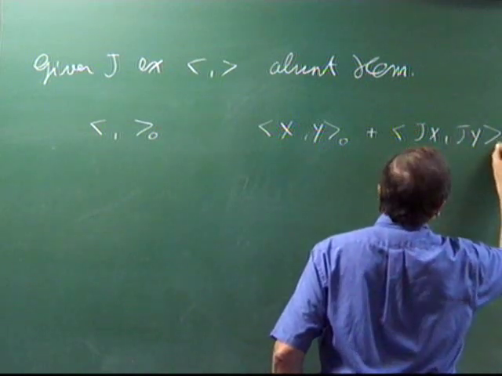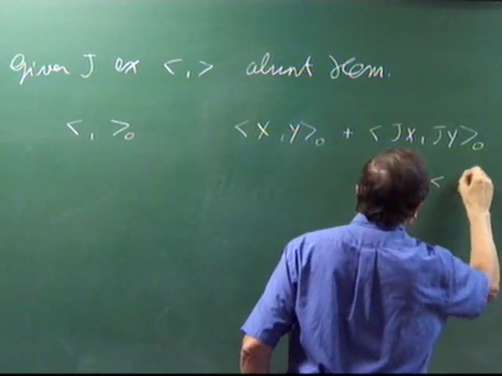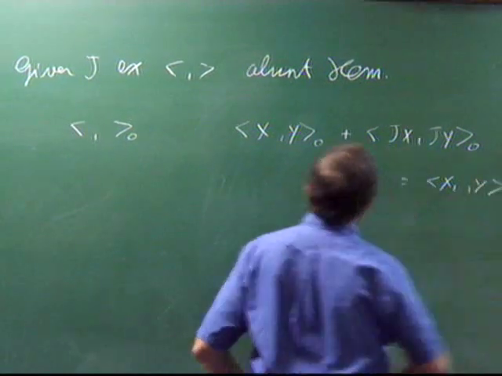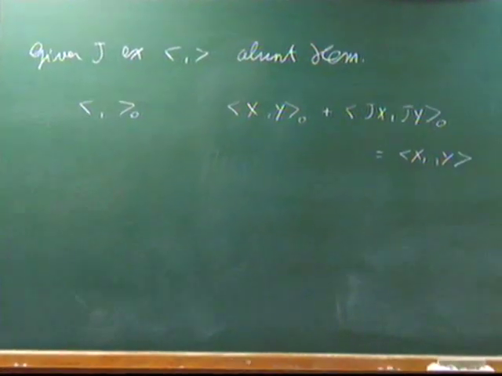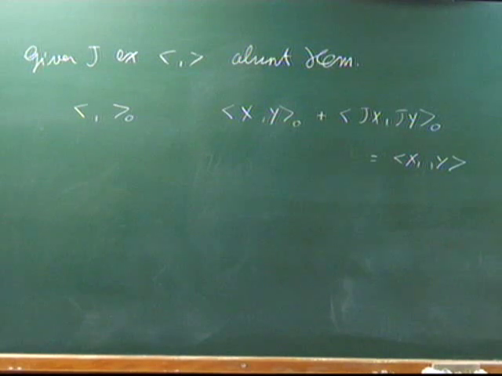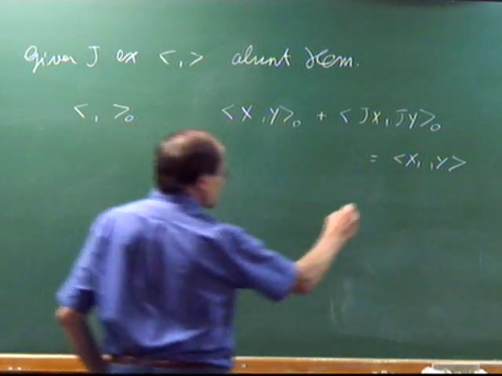Like this? Yeah. Okay, that's very clever, yes. Now we can check that. That makes J into an isometry because J squared is minus identity. Okay, very clever.